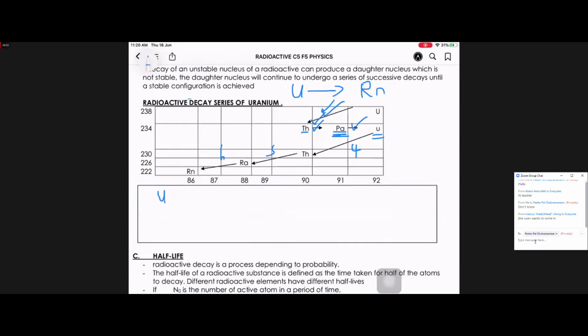Mr. Ng Kalok. What is the nucleon number? 238. Correct. What is the proton number? 92. Okay, arrow. What is formed in equation 4? Thorium. Thorium, what is the nucleon number? 230.